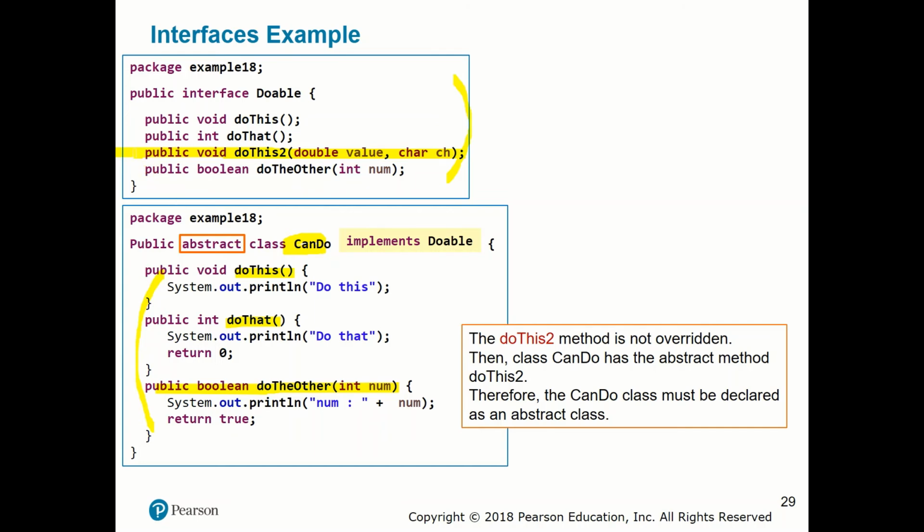Actually this method, doThis2, is in the class CanDo, right? Because CanDo implements Doable. Since CanDo has 1 abstract method inside, the class CanDo must be declared abstract, like this. The doThis2 method is not overridden, so class CanDo has the abstract method doThis2. Therefore, the CanDo class must be declared as an abstract class.